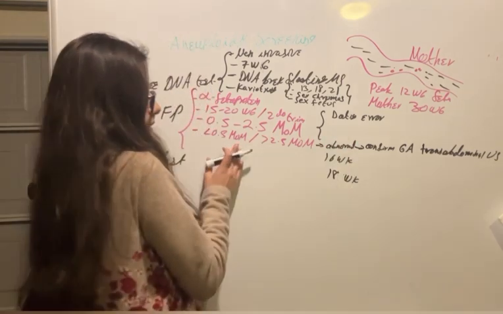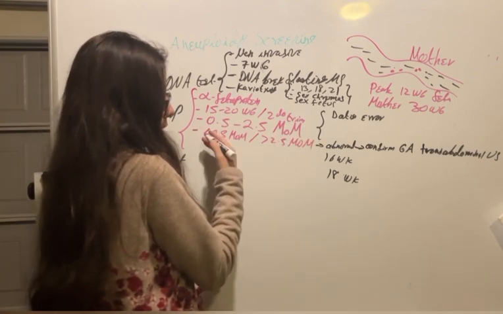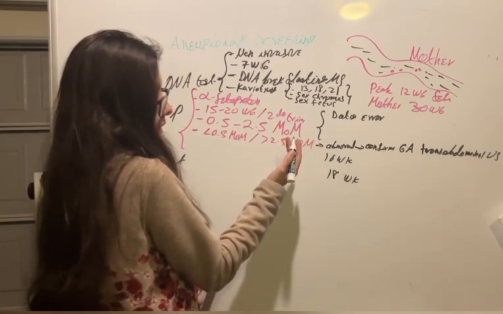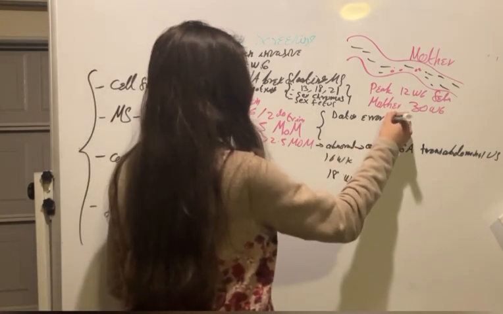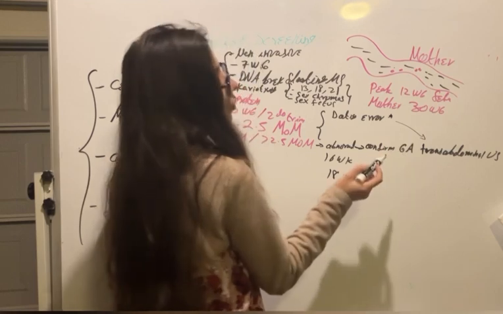So being less or greater than 0.5 to 2.5 multiples of the median, this could be a dating error, which we are going to confirm with a transabdominal ultrasound.